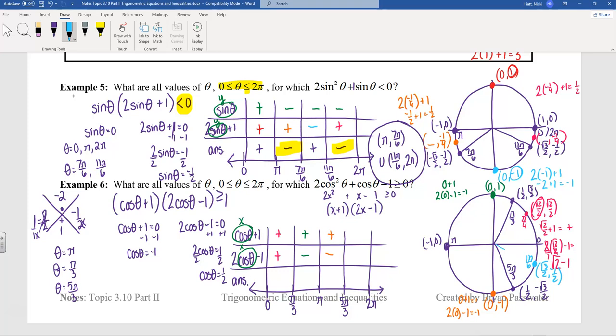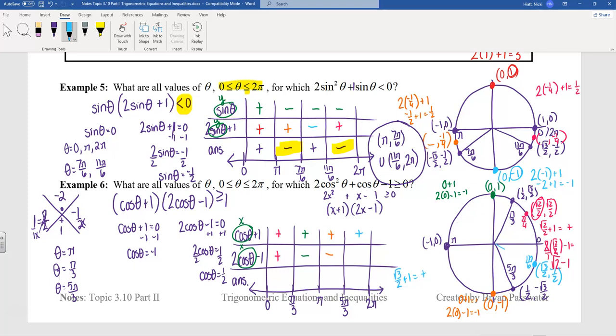So for the cosine of theta plus 1, that's going to be square root of 3 over 2 plus 1, x-coordinate plus 1. That's positive plus positive. That gives me a positive. Now, it feels a little wrong if that whole top line is positive, but it should make sense. What's the very lowest cosine could ever be? Negative 1. So negative 1 plus 1 would give us 0, right?